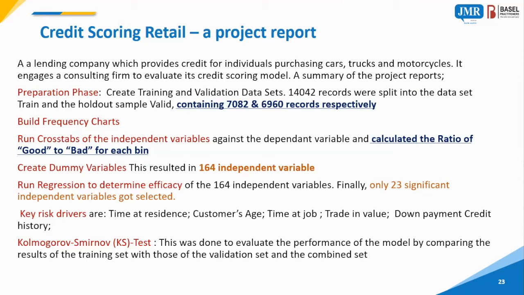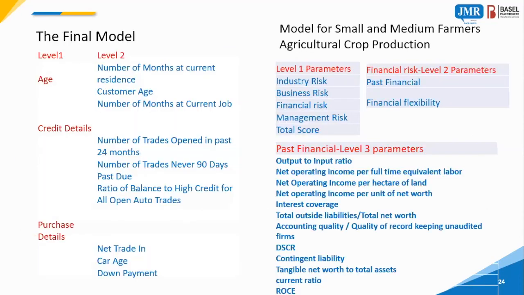So this is basically the same approach you have already talked about. They followed the same thing and tried to arrive at the key risk drivers. You can see the five risk drivers they found out, and they say this model is better than what the bank was using earlier. Next.